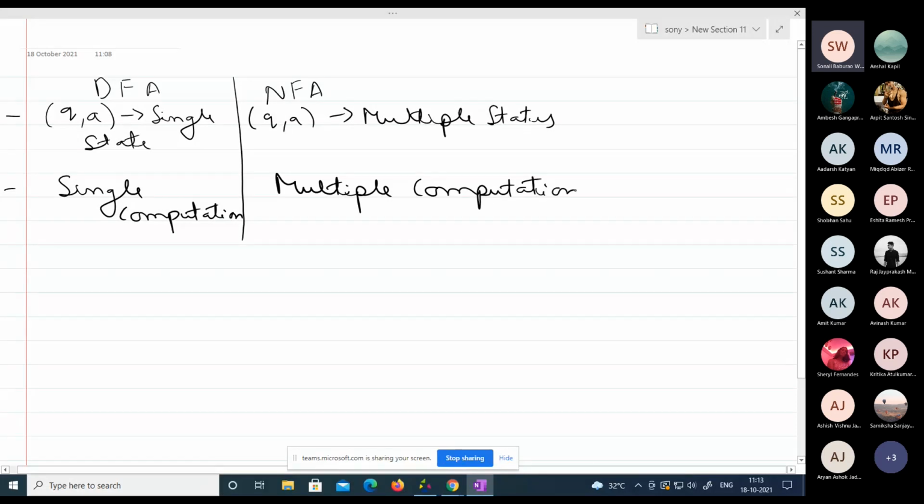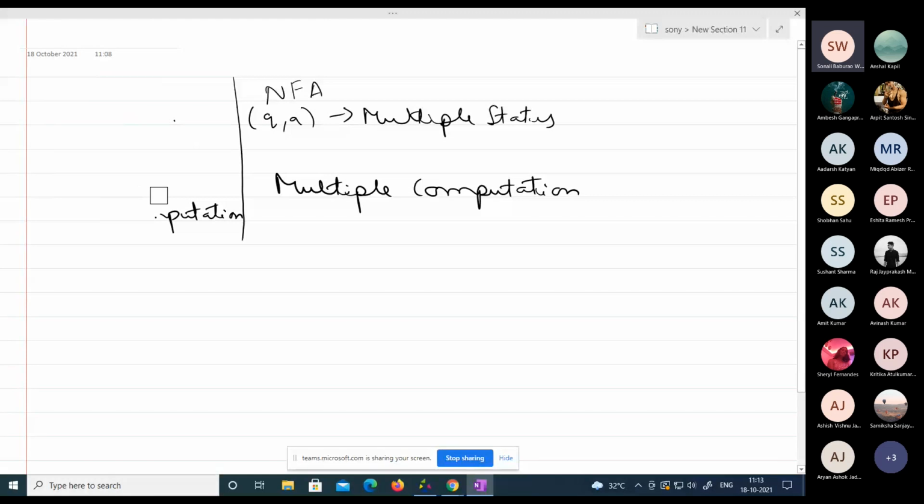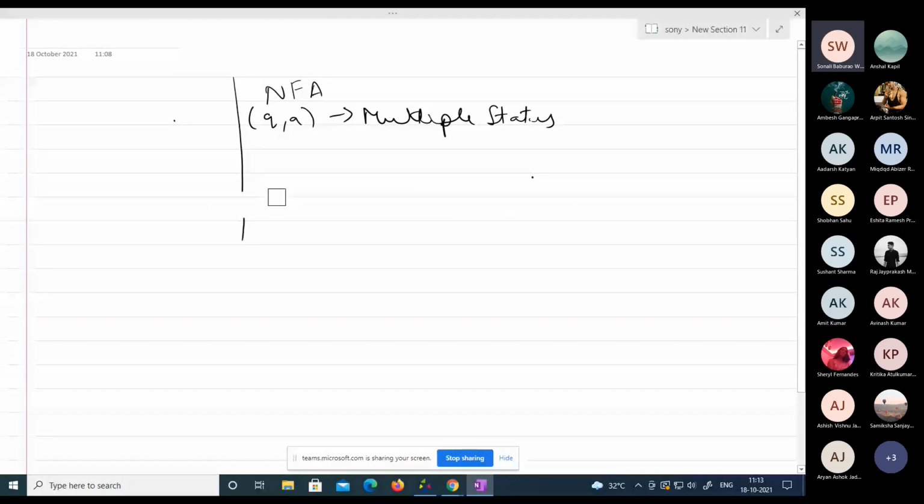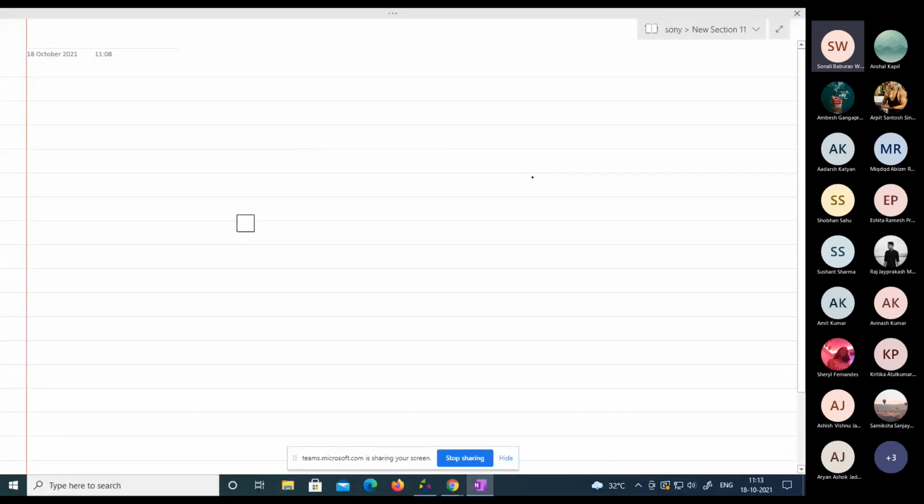Okay. So let us have a formal definition of that. What is actually the DFA and NFA? Now we will see the formal definition of NFA. NFA is also a five tuple, similar to DFA.